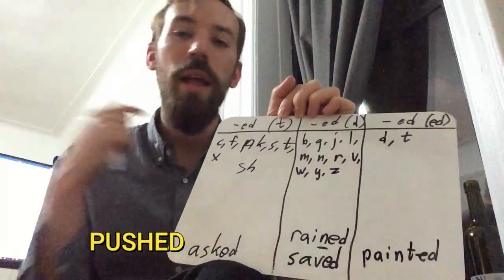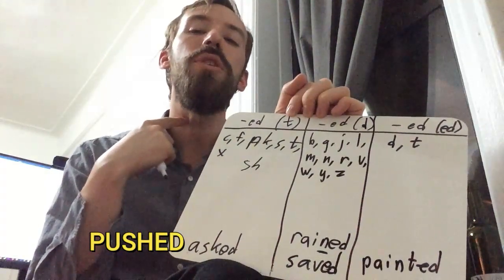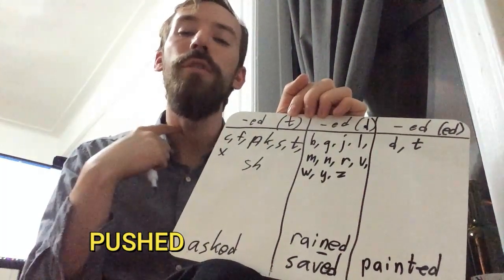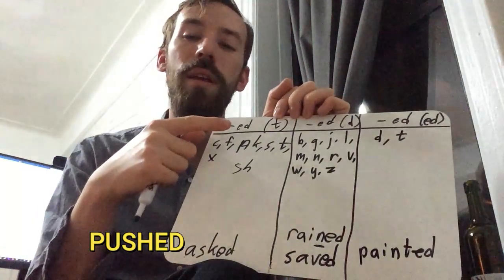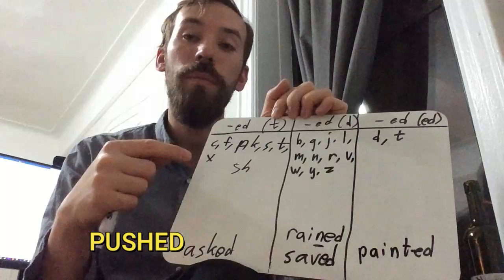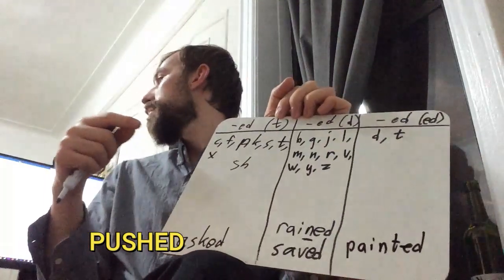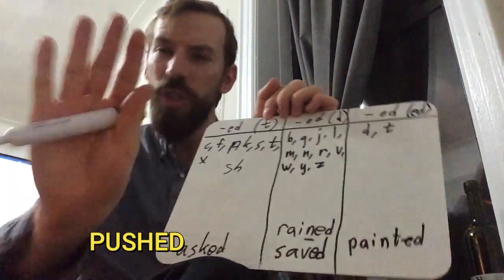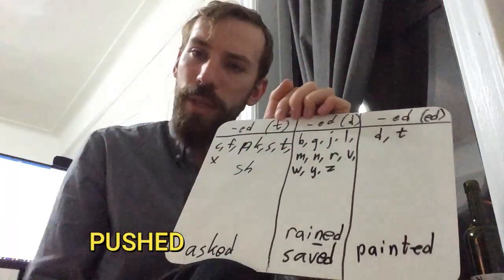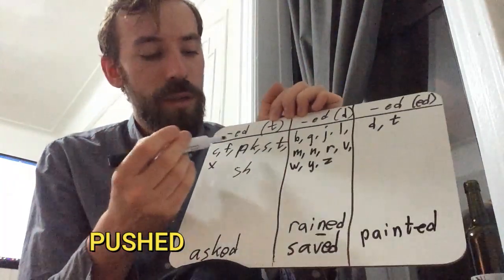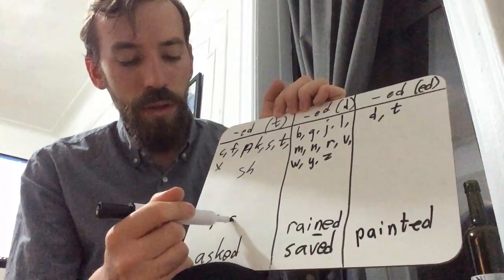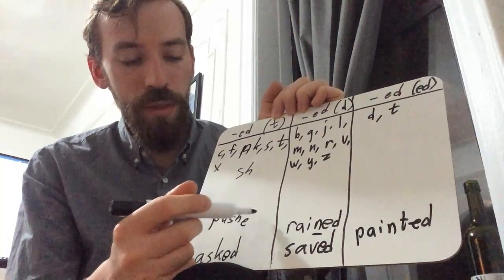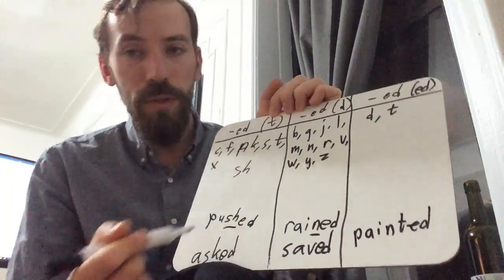Shh. That one has no voice. So because of that, we put it in the voiceless column. So pushed, to push someone. It would go in this column, because this sound has no voice.